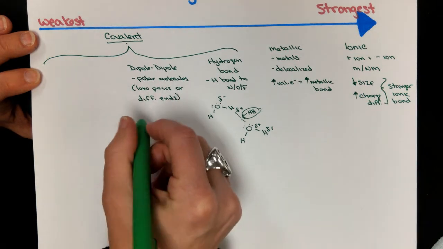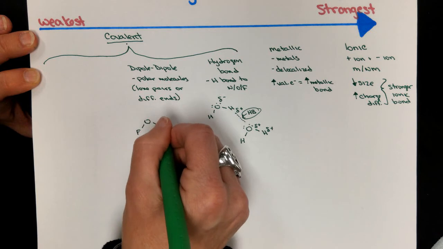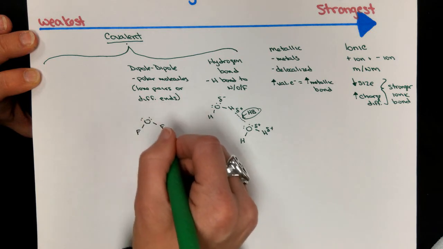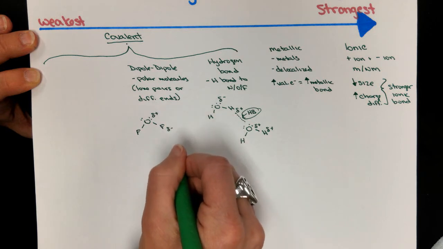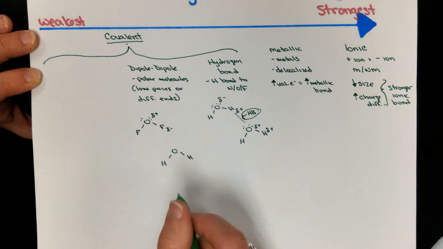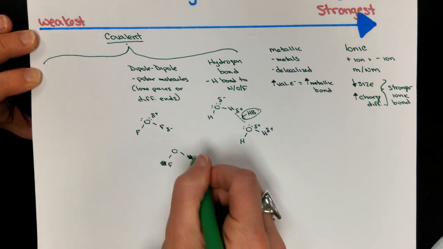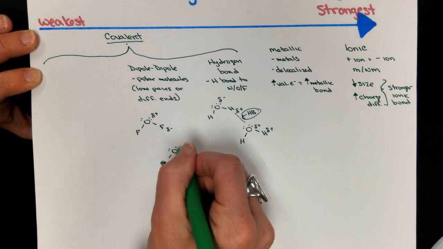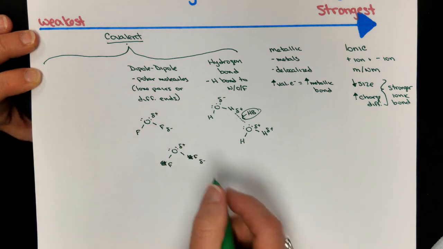So if you were to draw that, I'm going to draw something very similar here to the hydrogen bond, but I'm just going to substitute fluorine instead of the hydrogen. We still have dipoles because of that electronegativity. Oops. Got involved with my water here. Those are fluorines. We still have dipoles because there is an electronegativity difference between oxygen and fluorine.